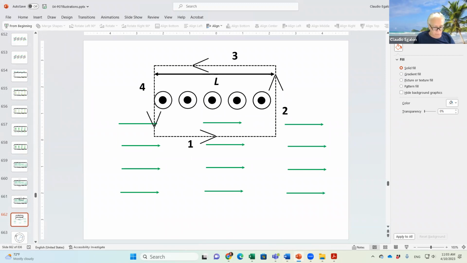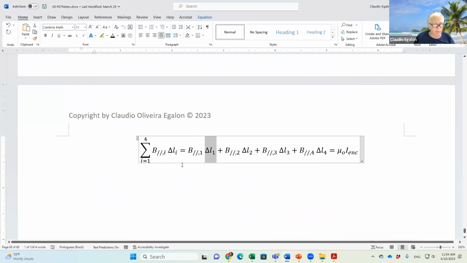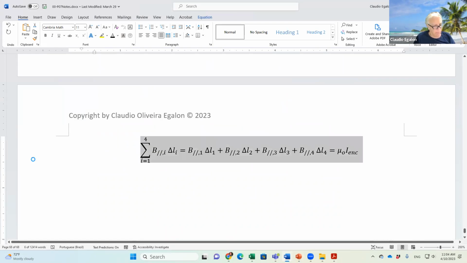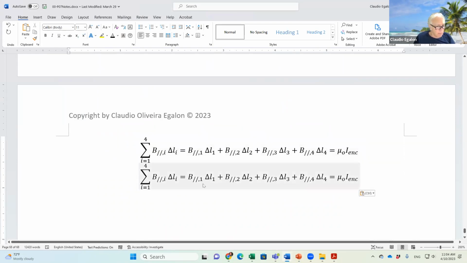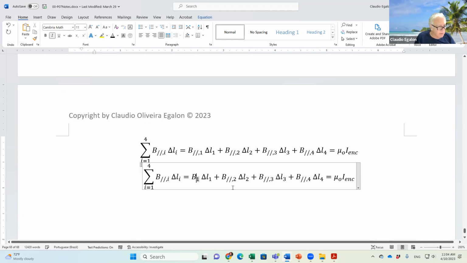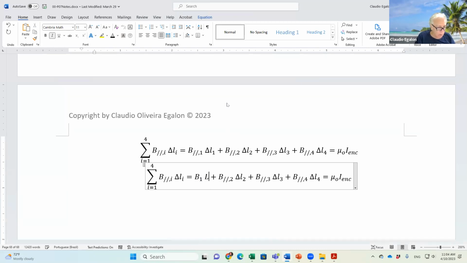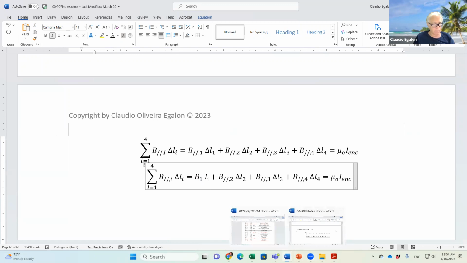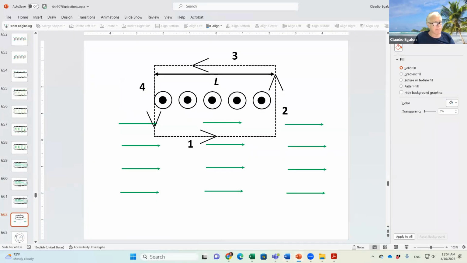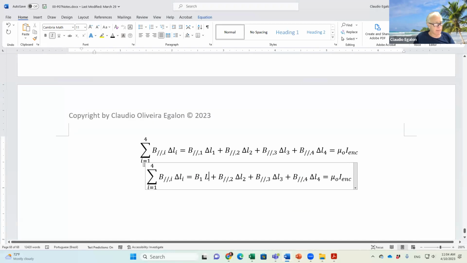So we can go ahead and write B1. We do not know what B1 is yet. L1 would be capital L. I wrote that down, B1.